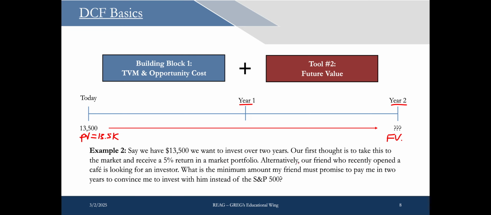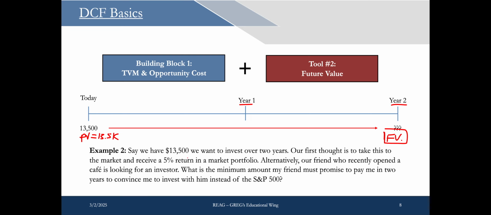Alternatively, our friend, we'll say it's Mason, recently opened a cafe and is looking for an investor. What's the minimum amount of return that my friend Mason must promise me in 2 years to convince me to invest with him instead of the S&P 500? So really this question is asking, what is our future value?